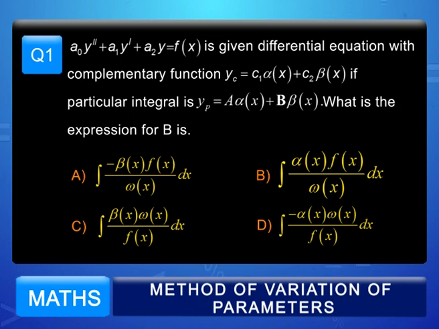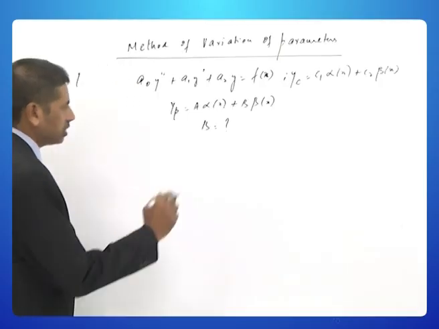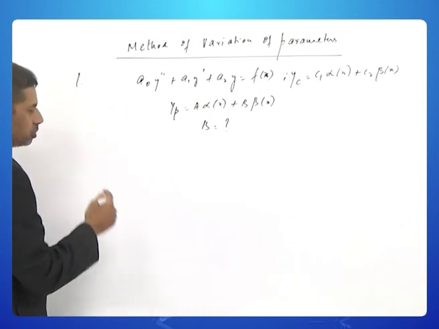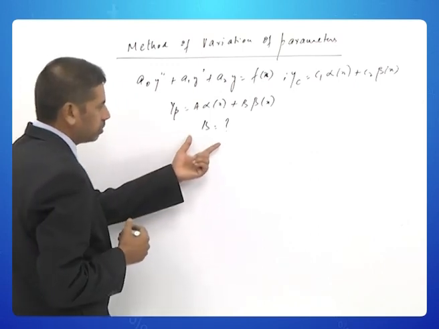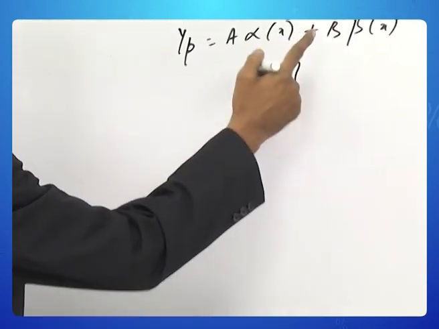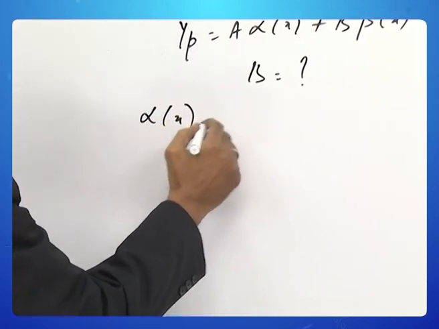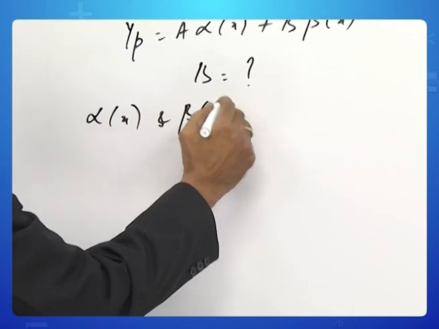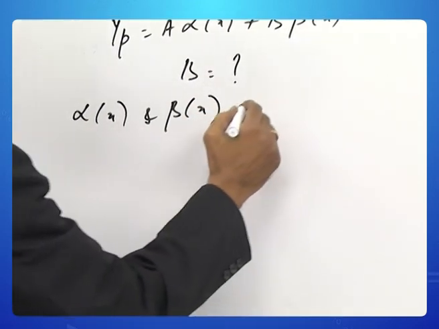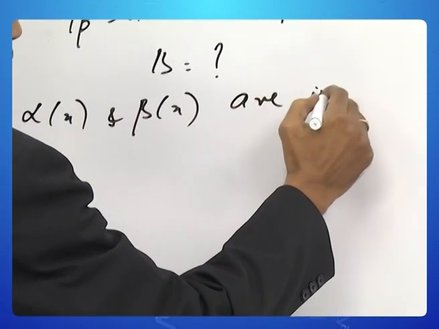This is in fact a formula based question. Without derivation, we can just look into how b is determined. In fact, alpha x and beta x are independent solutions.